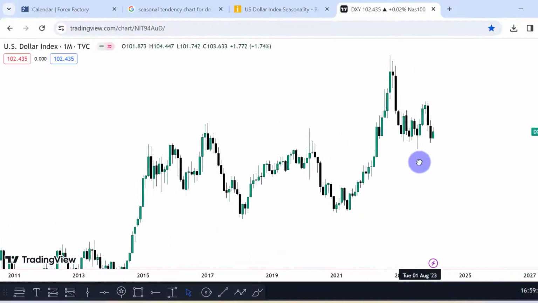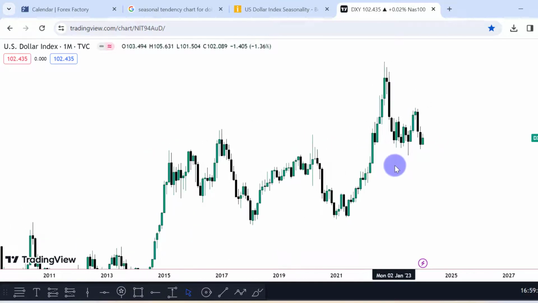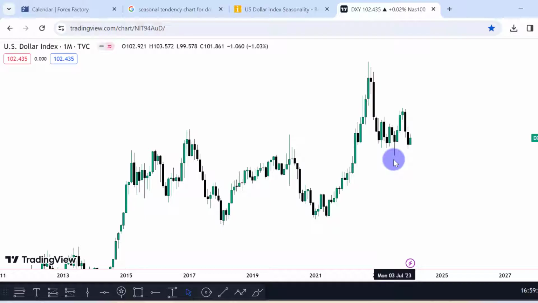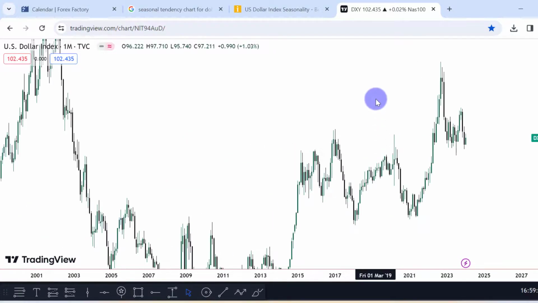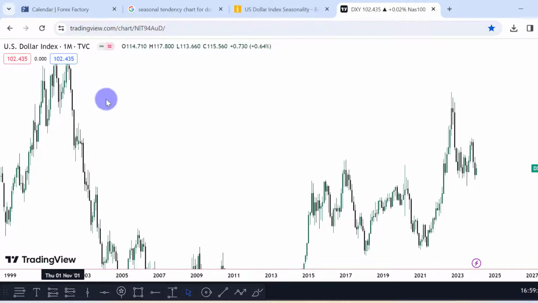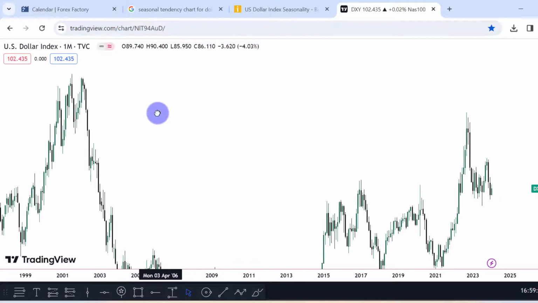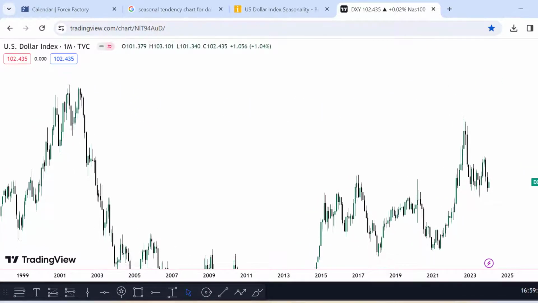And what we are looking for on the monthly time frame is to clearly define where price has traded from, where price is currently, and where price is trading into, because that will be the draw on liquidity. We are trying to understand the whole narrative.